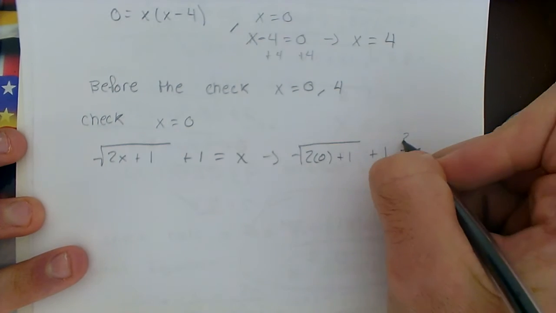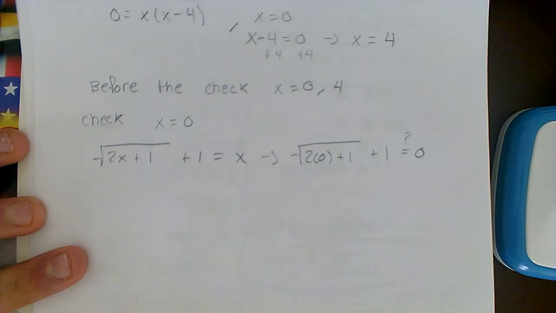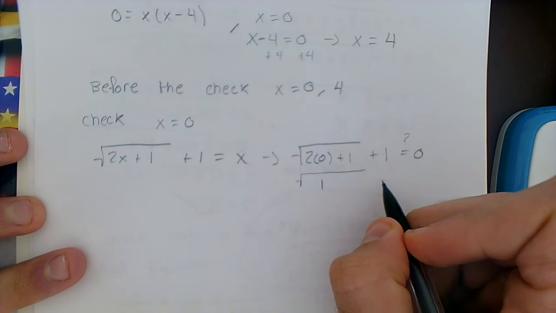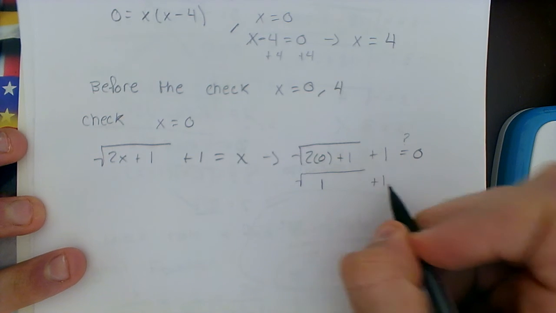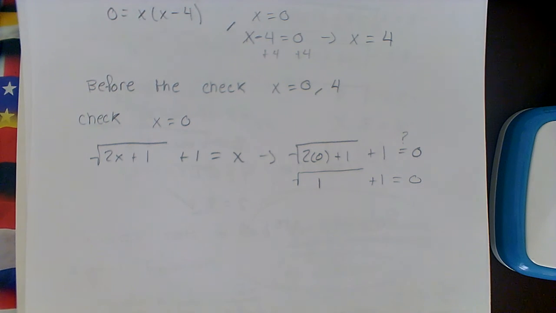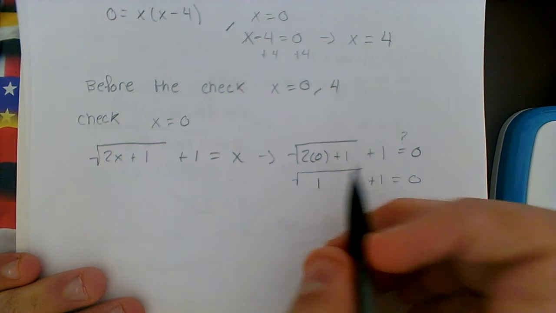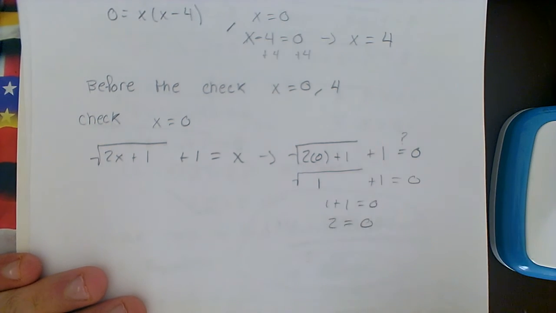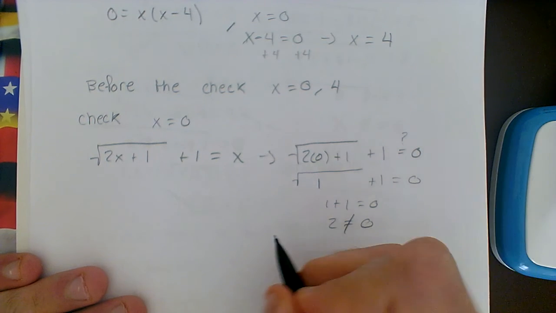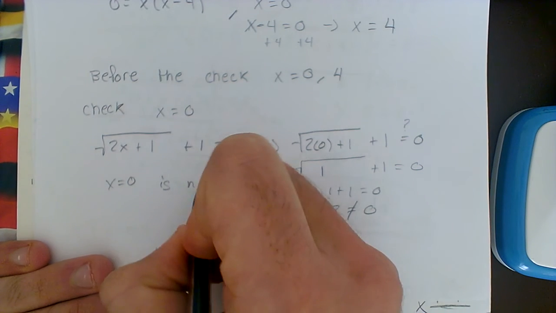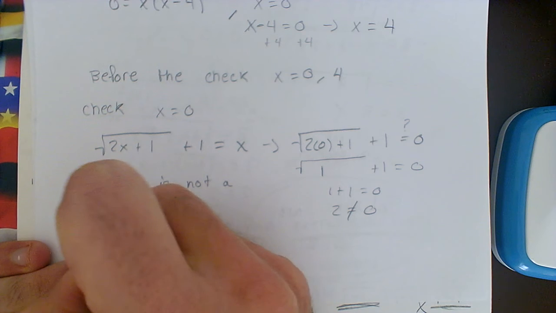So we're really trying to check if this is true. This is the square root of 1, plus 1, equals 0. There's a problem here because the square root of 1 plus 1 is just 1 plus 1. So this is really saying that 2 is equal to 0. That's not true, so 0 is not a solution.